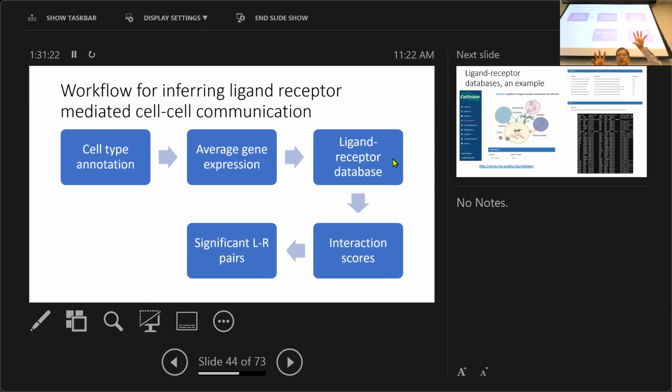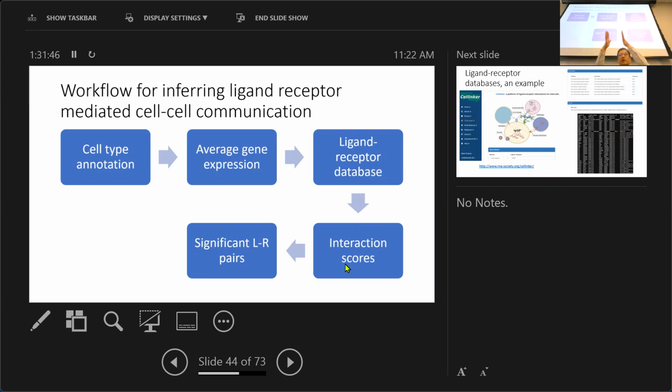Next, we are going to compute interaction scores for each ligand-receptor pair. The interaction score is the product of these two expression levels. As simple as that.